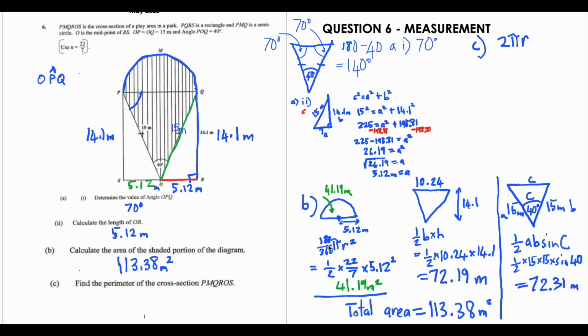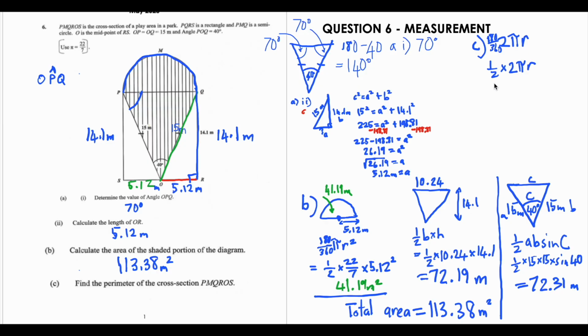However, similar to what we did for the area, if it's not a full circle, then we have to consider what that section represents. So this section is 180 degrees out of a full circle, so 180 out of 360. In other words, it's like we're saying half of whatever we get for the circumference of a circle.